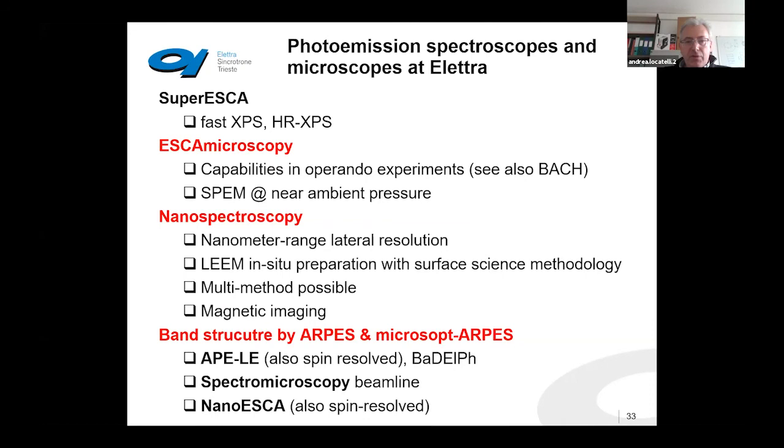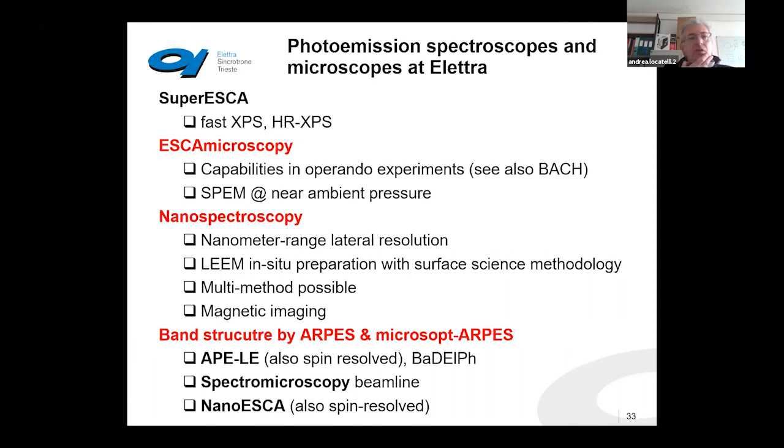I want to make a summary about the beamlines that I've been through in this quick overview on the capabilities of the techniques at Elettra. SuperESCA is specialized in fast XPS and high resolution XPS. ESCA microscopy has capabilities for in operando experiments, especially at near ambient pressure.